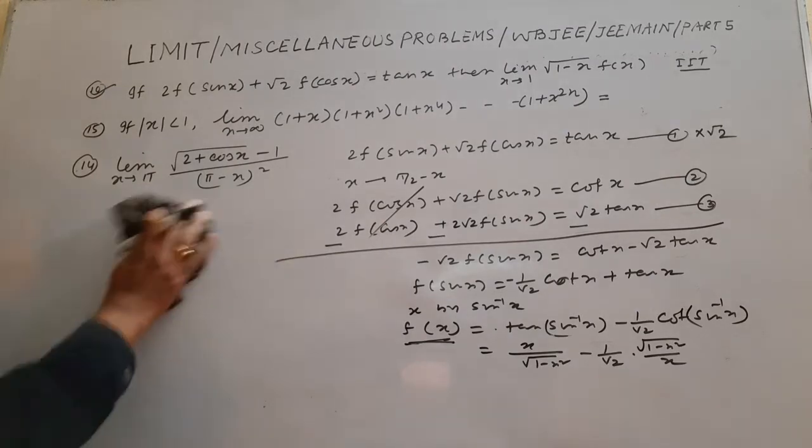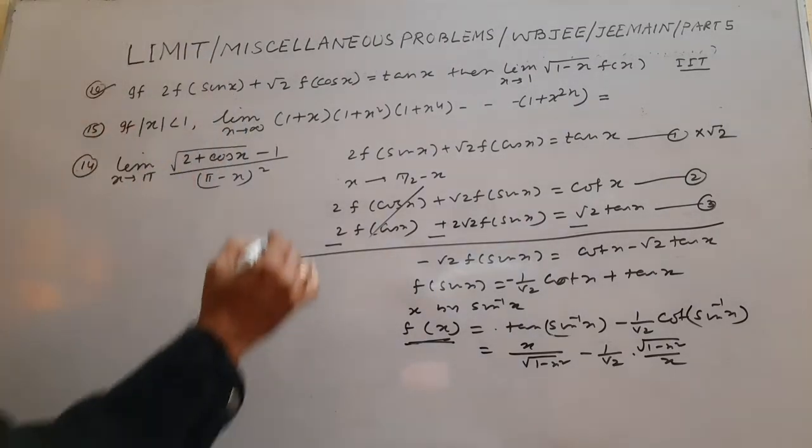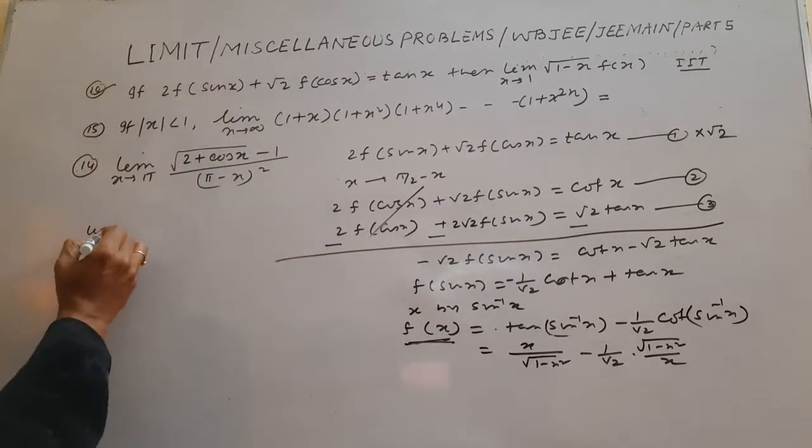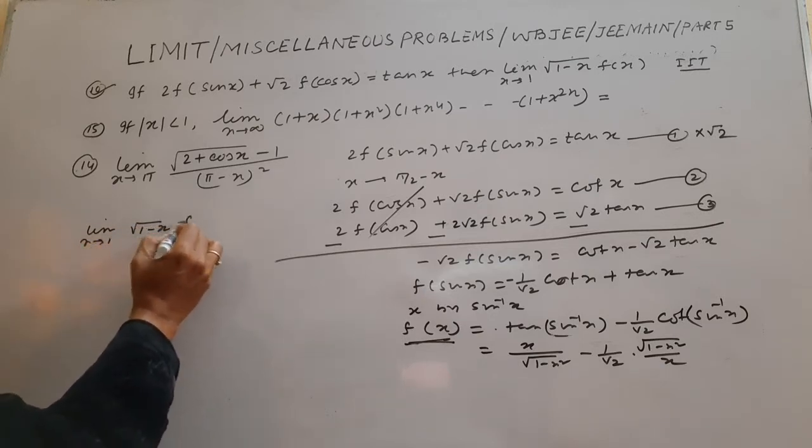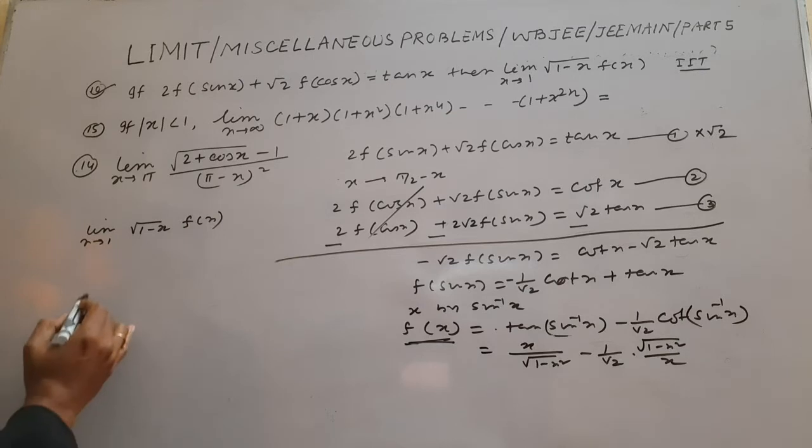So now find the limiting value: limit x tends to 1 of √(1 − x) f(x). So we get x/(√(1 − x)√(1 + x)) − (1/√2) into √(1 − x²)/x, times √(1 − x).